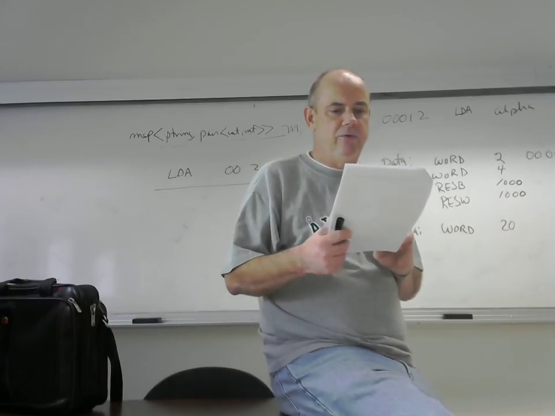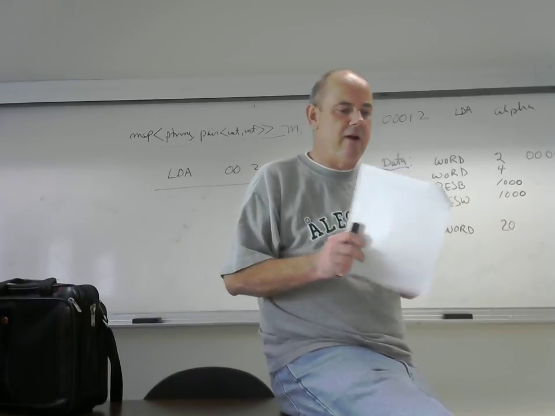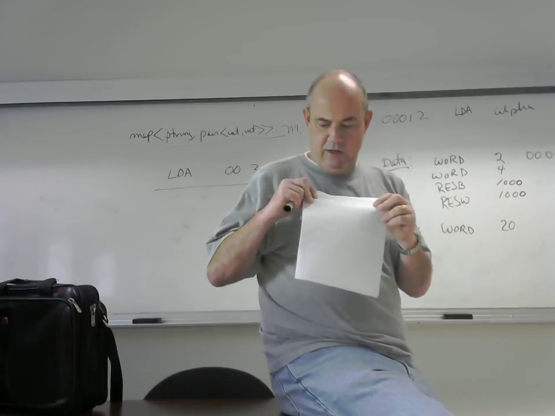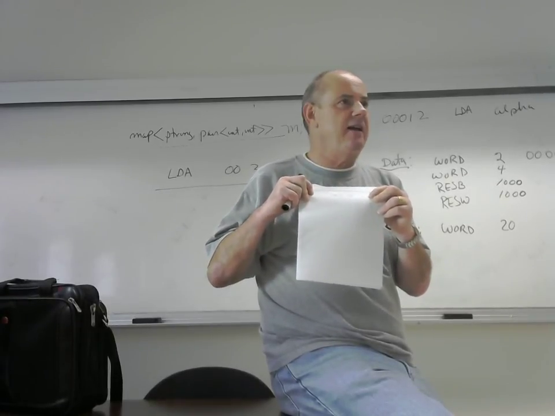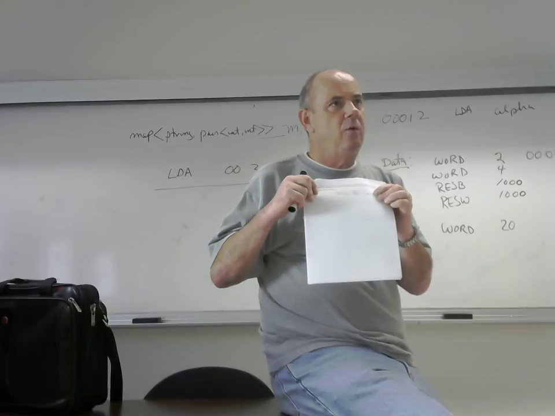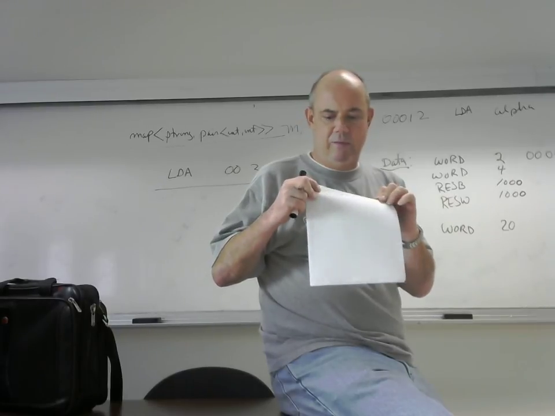All right, the next question. Write down the 4 formats. So here's format 1. That's the base SIC. Now write down formats 1, 2, 3, 4. This is format 0.